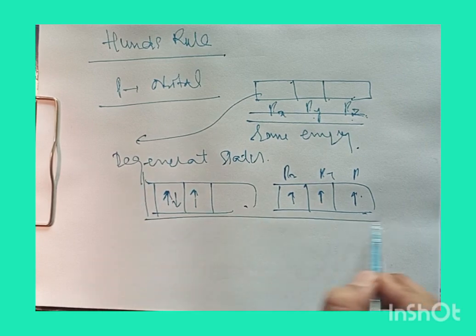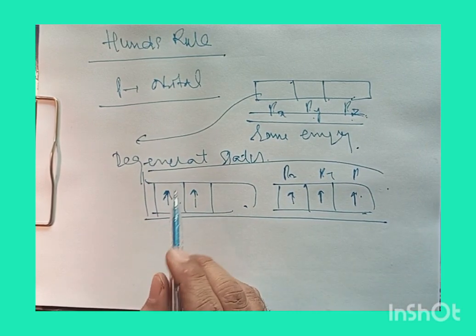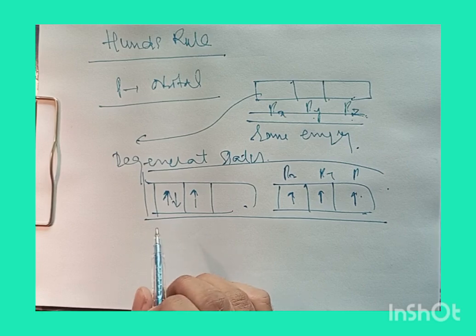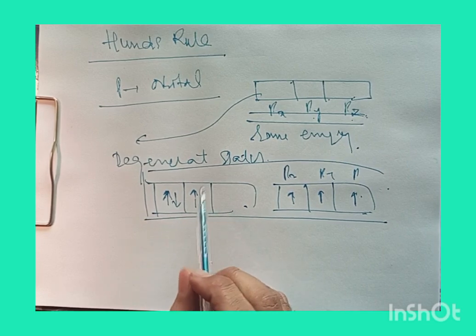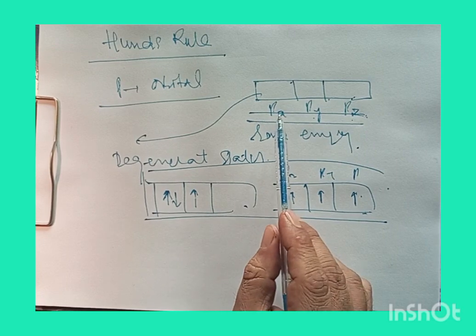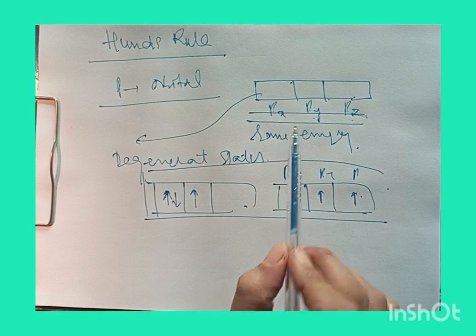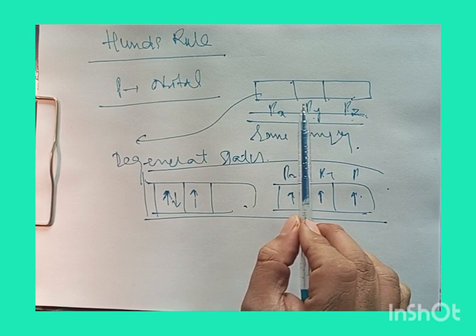And the answer to this problem was given by Hund, and that's why we have a rule known as Hund's rule. What this rule states is that when we have more than one orbital of equal energies available, then the electrons will first occupy these orbitals separately.